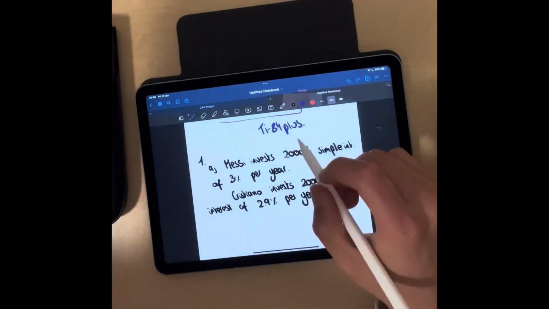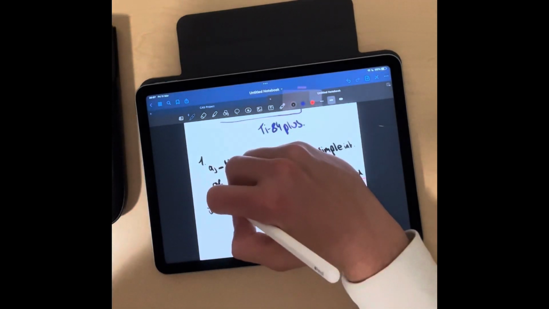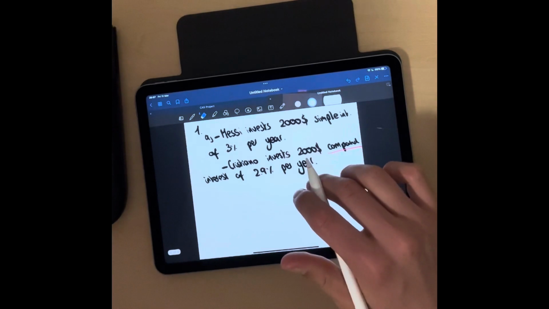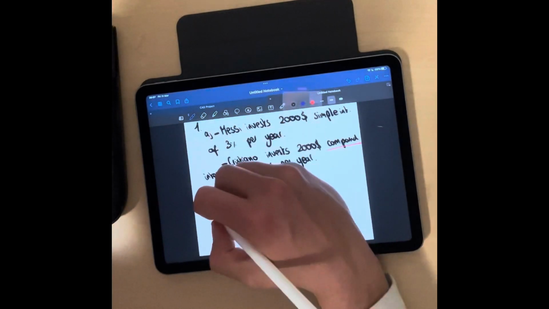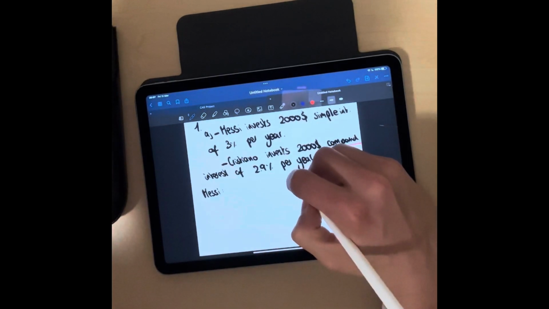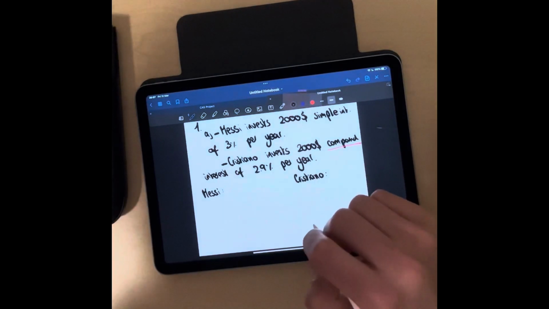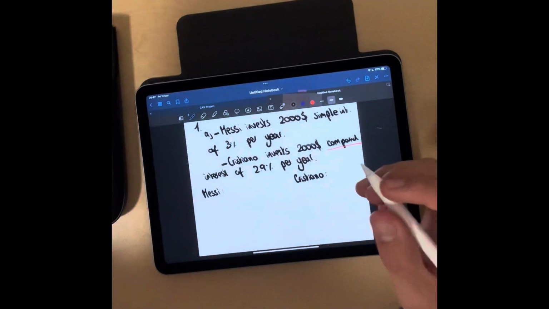However, over time, this will become larger than the value of the other person. So let's prove this. So for Messi, we'll do this here. And for Cristiano, we'll do this here. So let's show how much money both persons will have after 10 years.